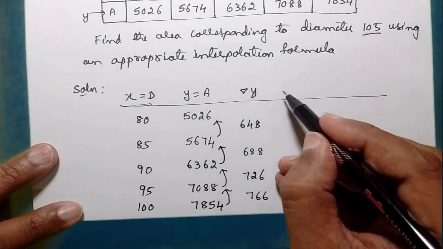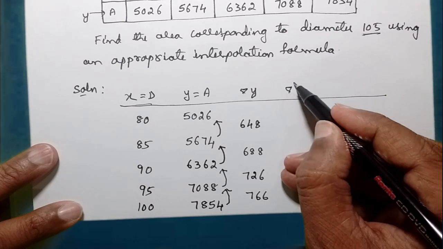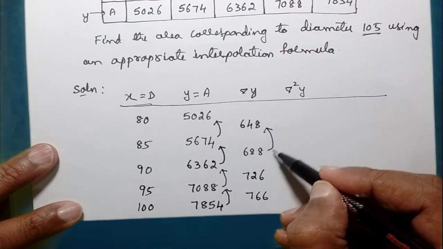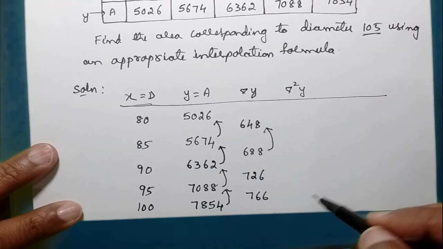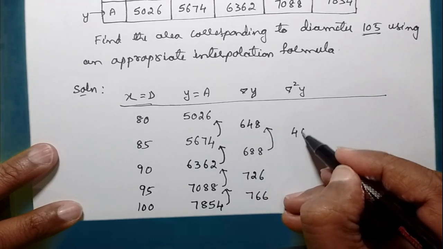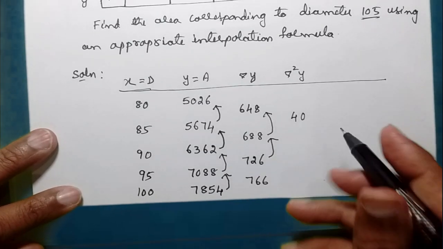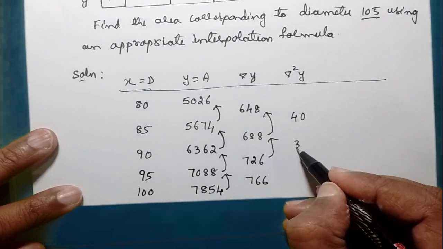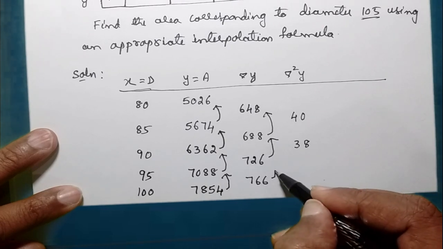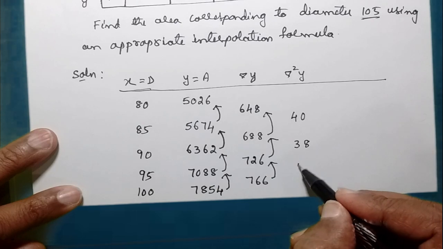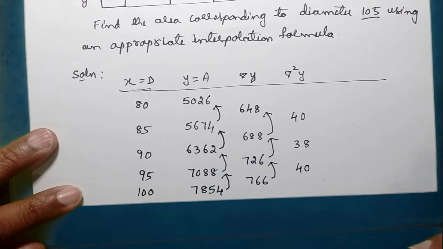766? Now go for the second difference. Once again, 688 minus 648. How much are you getting? 40. Then 726 minus 688 gives 38. Then 766 minus 726, the difference is 40.